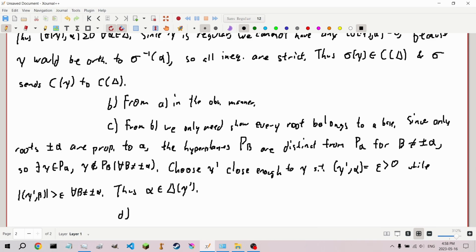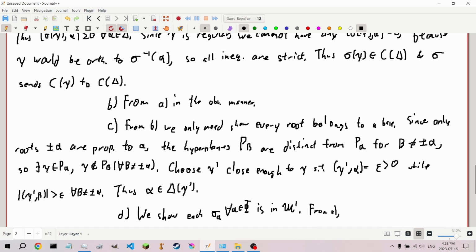Next we have statement D, which is that our lesser Weyl group, whatever I called it, is just the Weyl group. And we will just show each reflection σ_α for all α in the root system is in W'.